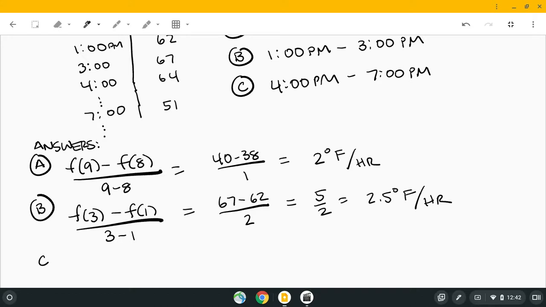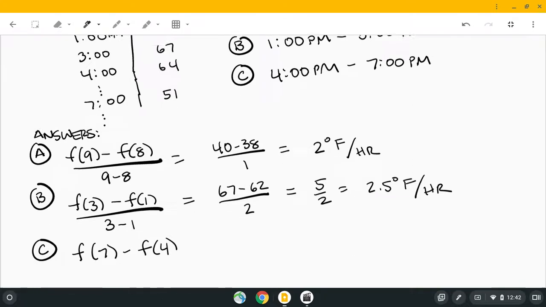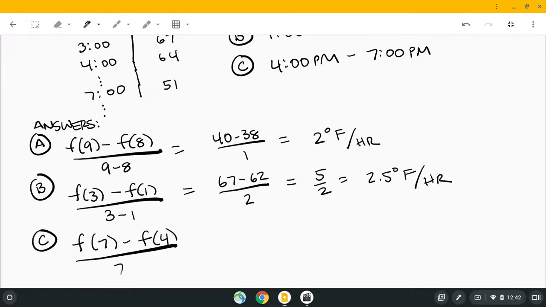Okay, and letter C here, 4 p.m. to 7 p.m. That's asking you to find f of 7 minus f of 4 over 7 minus 4. F of 7 is 51. F of 4 is 64. 7 minus 4 is 3. So here we get negative 13 over 3.